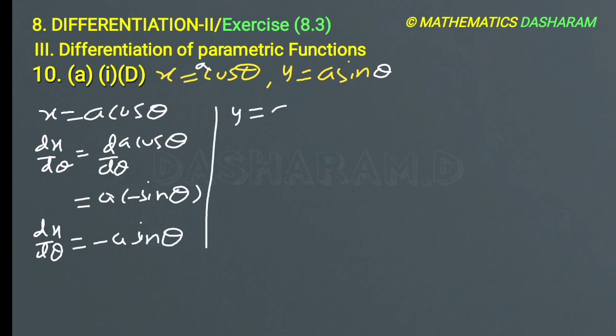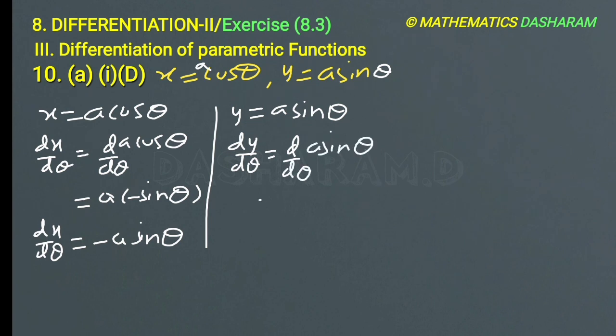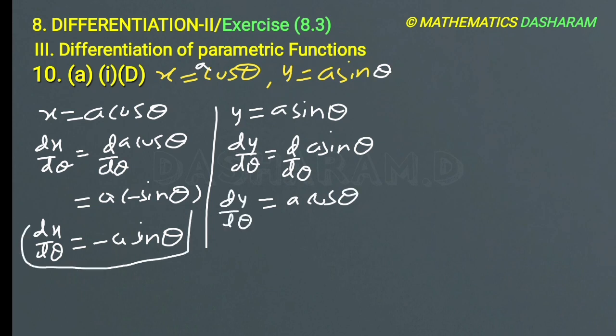Next, the second function y equals a sin theta. Do the derivative on both sides with respect to theta. a is a constant number, so write it aside, and the derivative of sin theta is cos theta. So dy by d theta is a cos theta.